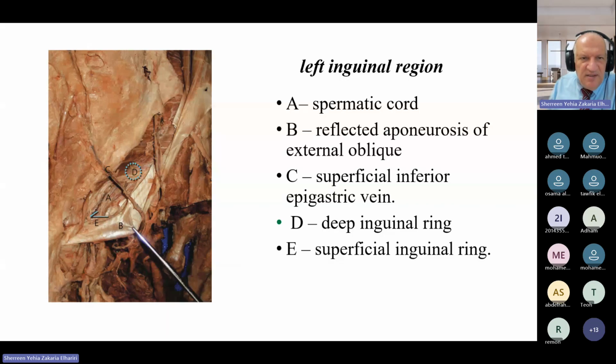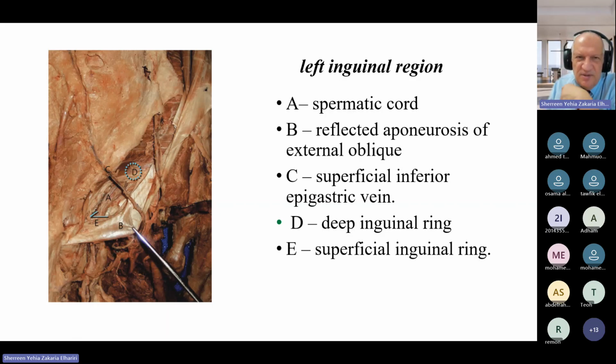C is here. It is the superficial epigastric artery and vein. D is the deep ring, and E is the superficial ring. So this is the way they ask it in the exam.